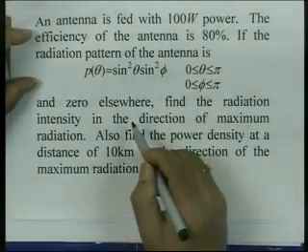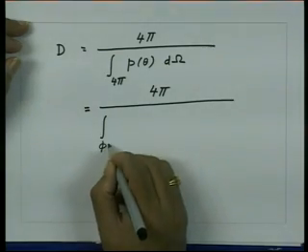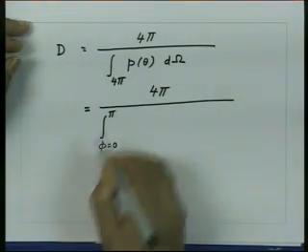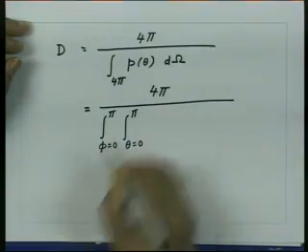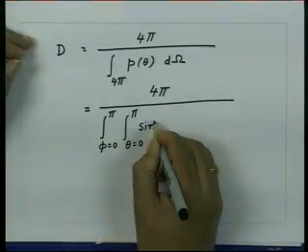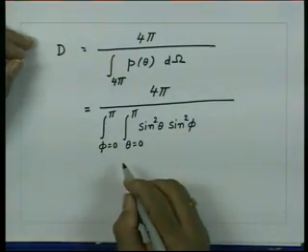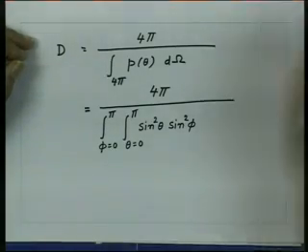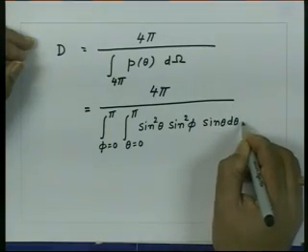Same is true for theta, the radiation pattern is non-zero only over the range 0 to pi. So, we have limits for phi of 0 to pi, and for theta also 0 to pi, and the power radiation pattern is given by sine square theta sine square phi, and the incremental solid angle is sine theta d theta d phi.